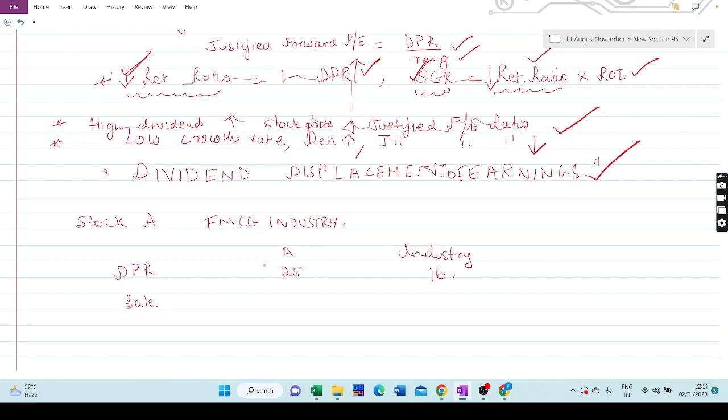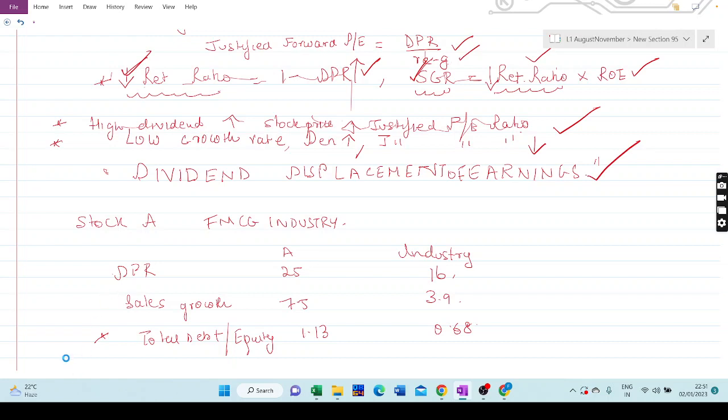Sales growth is 7.5 and industry sales growth is 3.9. And the total debt to equity ratio of stock A is 1.13, industry is 0.68.